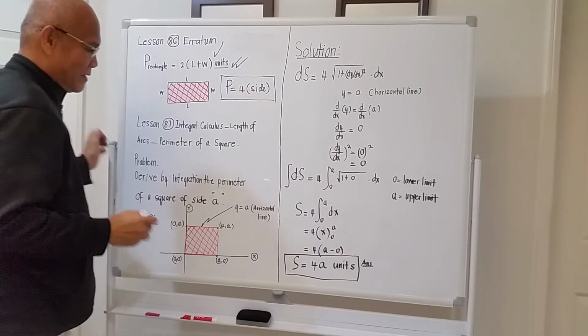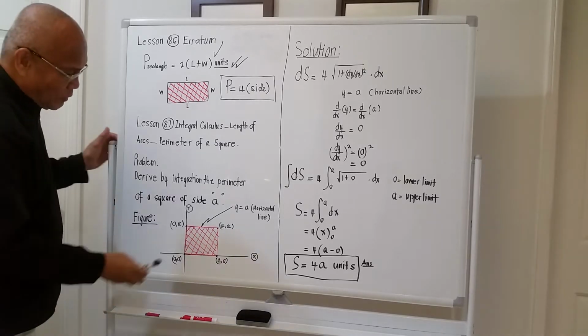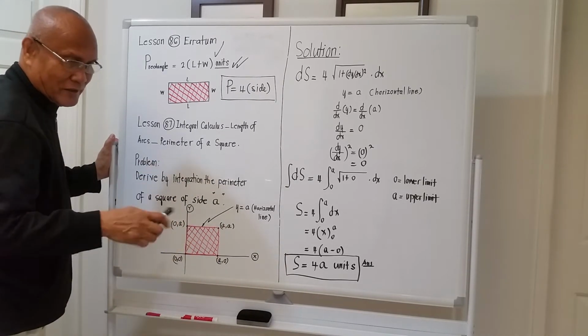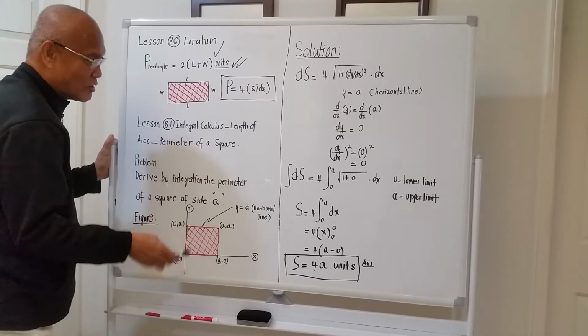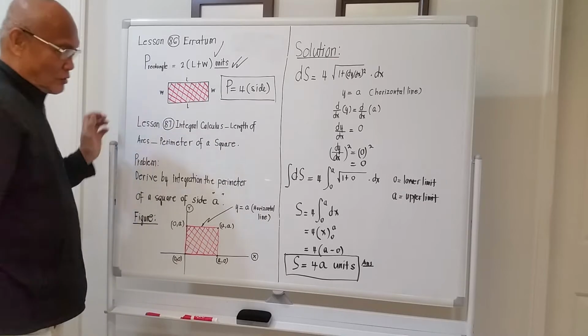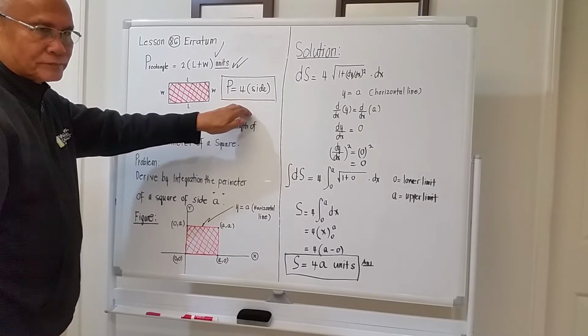Because for a square, all the sides are equal. So obviously, the total distance going around is 4 times the length of the side. So we will derive this one.